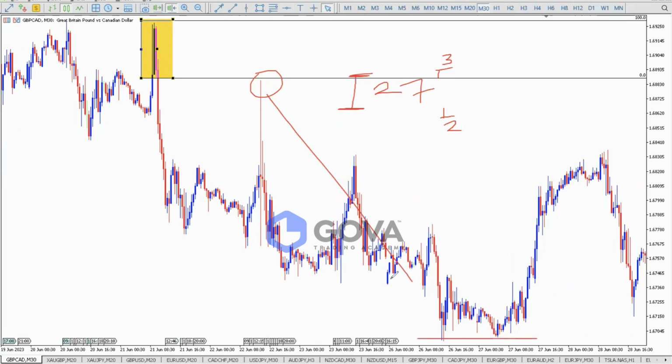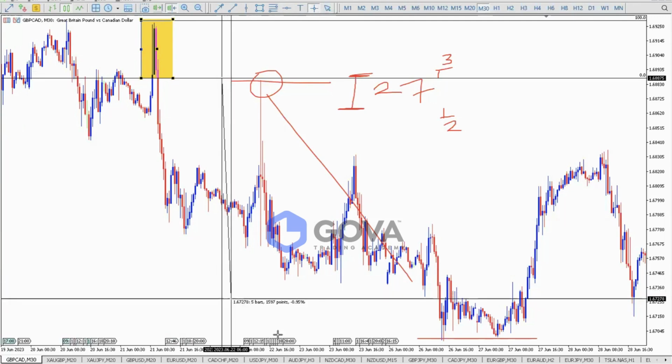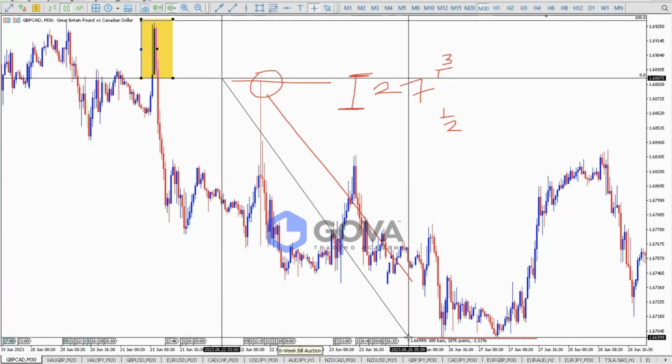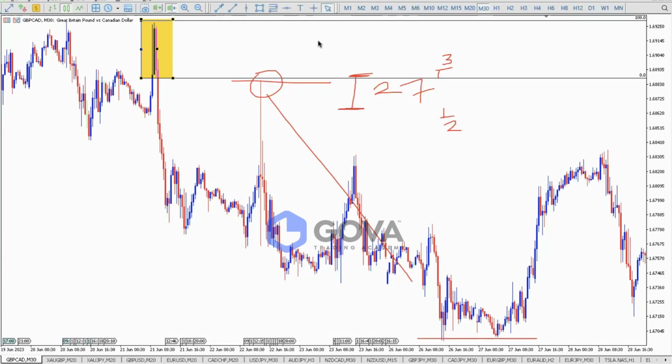What is the reward from this area to that area? Let us calculate it using the cross. From the proximal line all the way down to the lowest area where price dropped to, this is 187 pips.